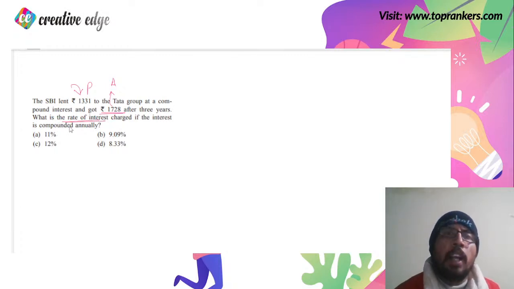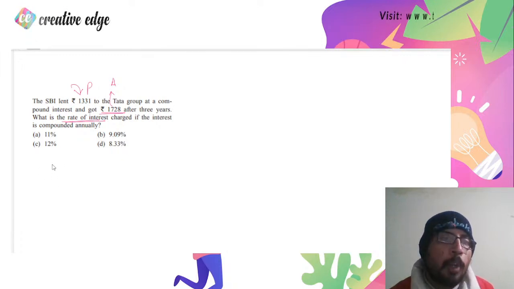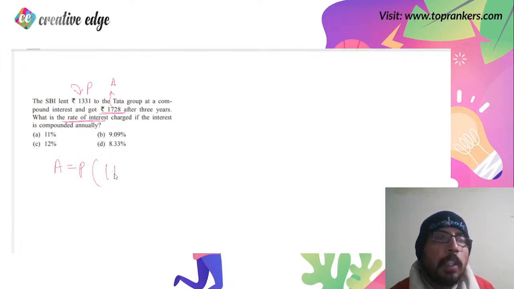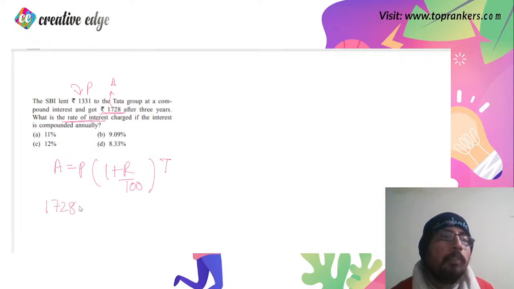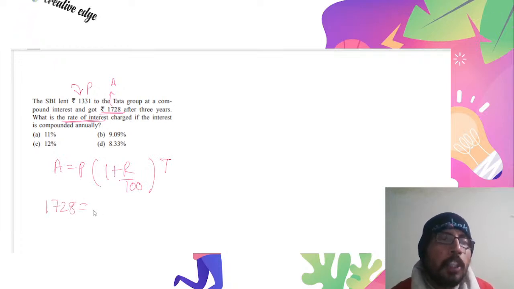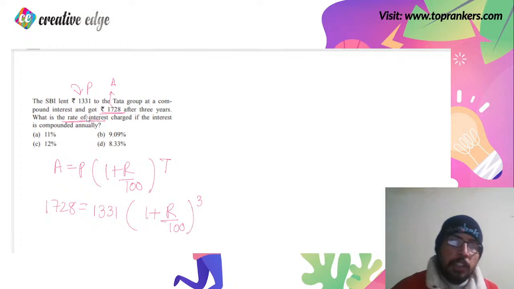So I will be telling you the two approaches. One approach is the formula method, that amount is equal to P into (1 plus R by 100) to the power T. The amount is 1728, principal is 1331, 1 plus r by 100, rate we have to find out, and the power is 3 for 3 years.